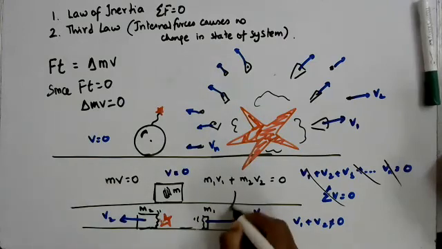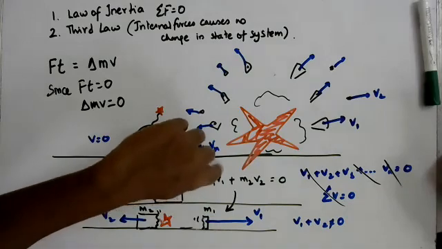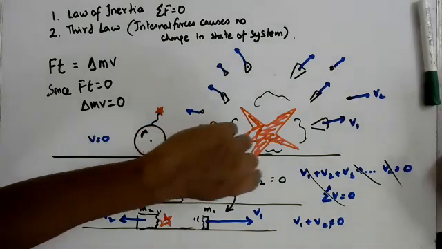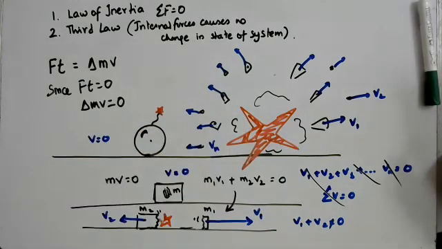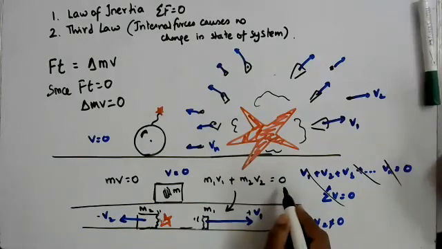And this is after the blast. You're saying small m1, big v1, big m2, small v2. And of course, if v1 is positive in this direction, then v2 is negative in the opposite direction. So when you factor all that in, it seems there is a possibility that this can become 0.